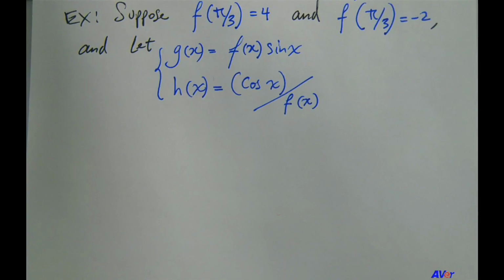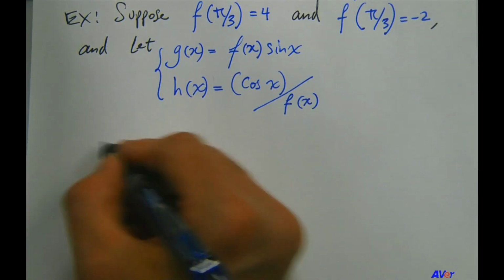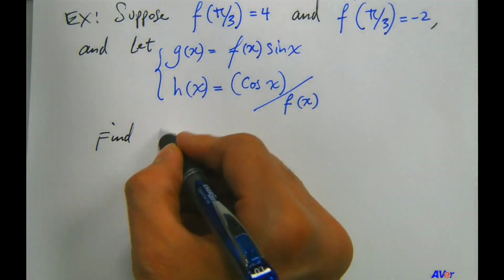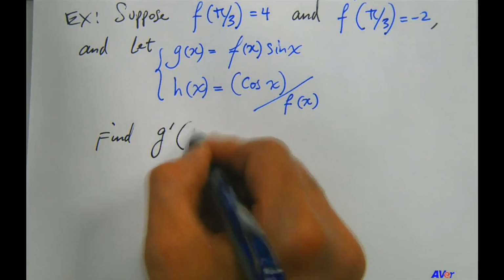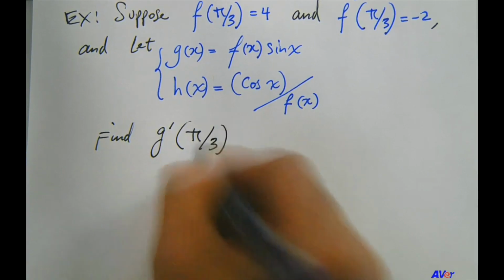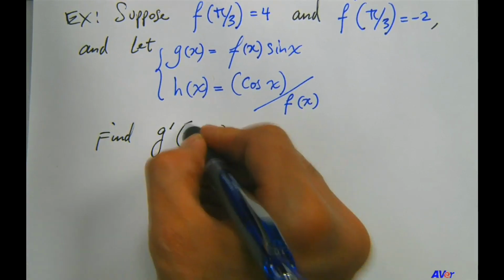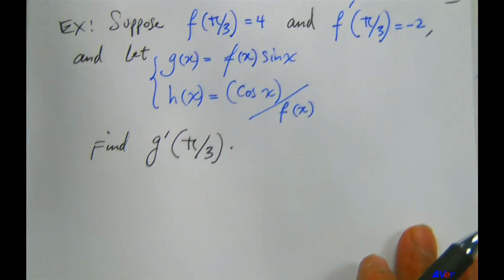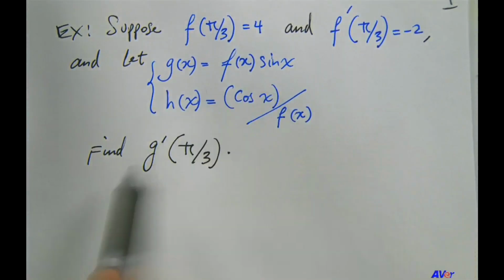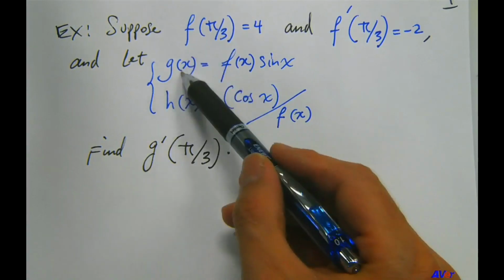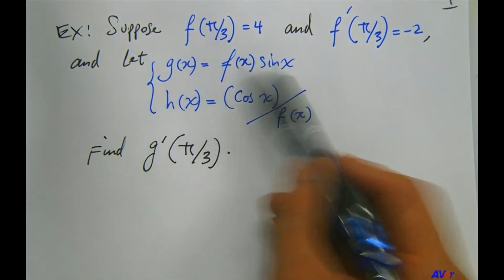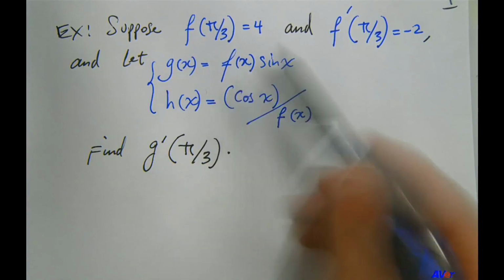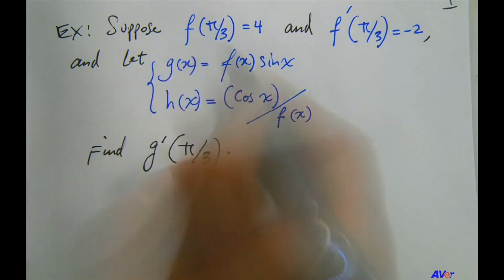Then we want to find g prime at pi over 3. We want to find this. Well, we're looking for g prime, right? So g of x is a product of two functions, f of x times sine of x. So let's find g prime of x first.